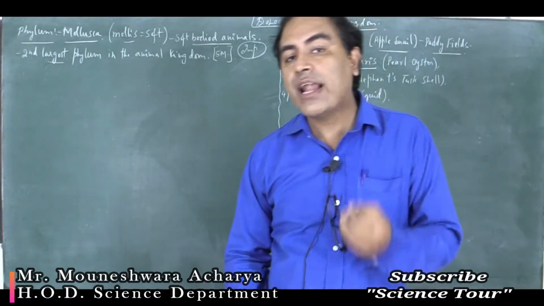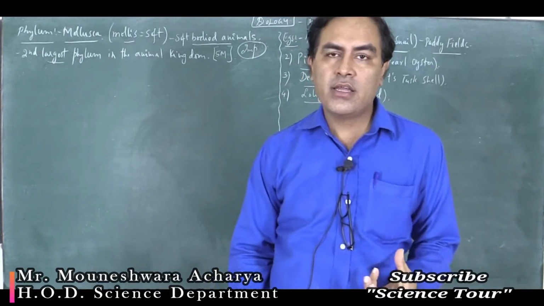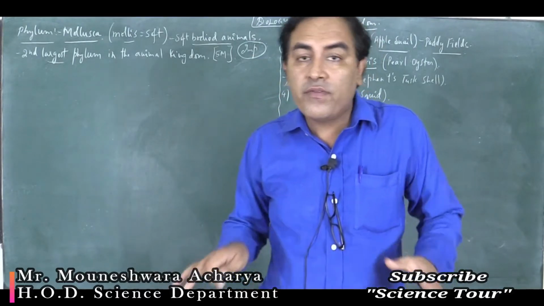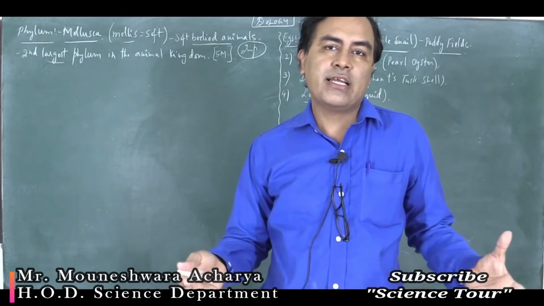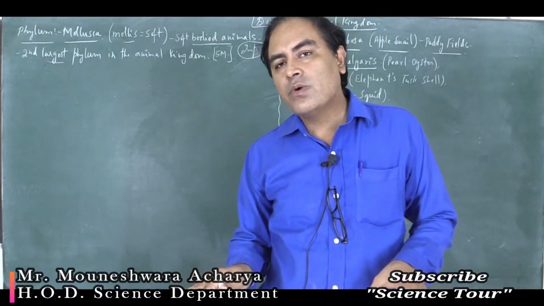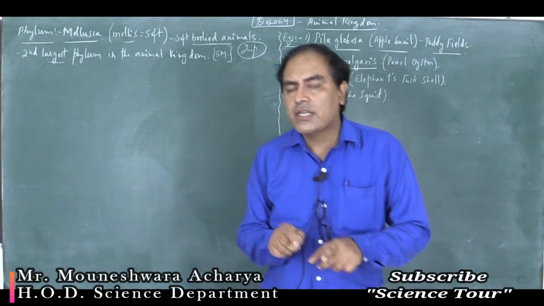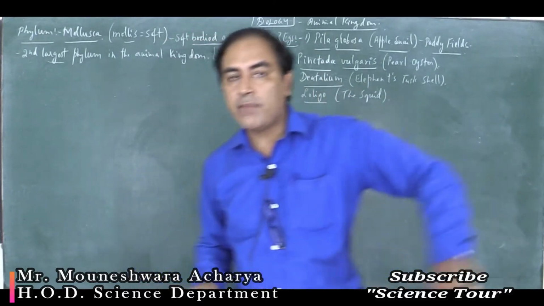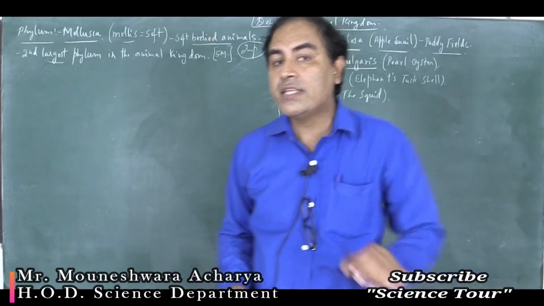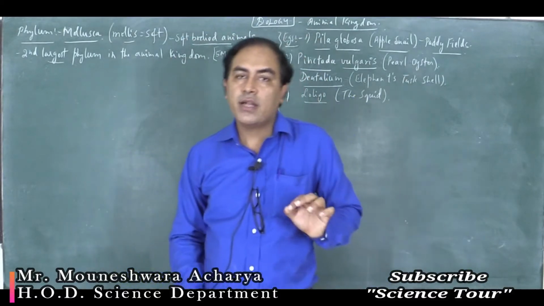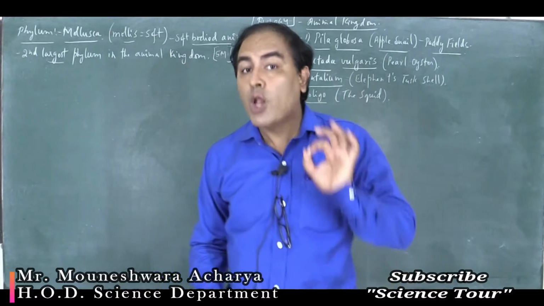Through this ink gland it ejects the ink and the surrounding is filled with the ink. It becomes very cloudy, so it will cheat the predators and escape away. So it is a type of defense mechanism shown by this squid. The scientific name is Loligo.